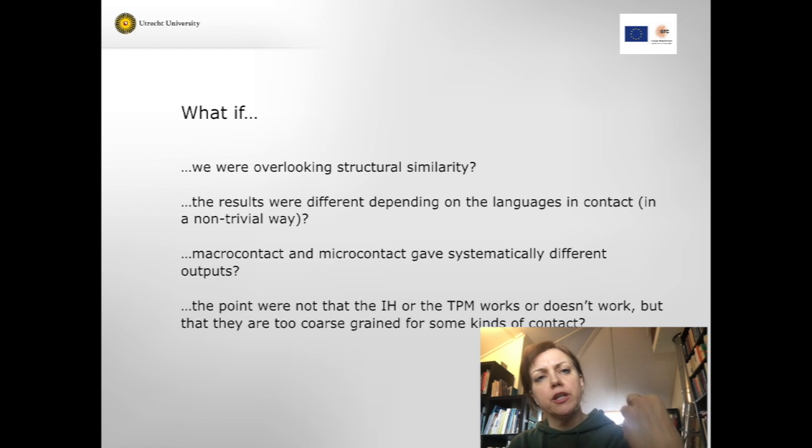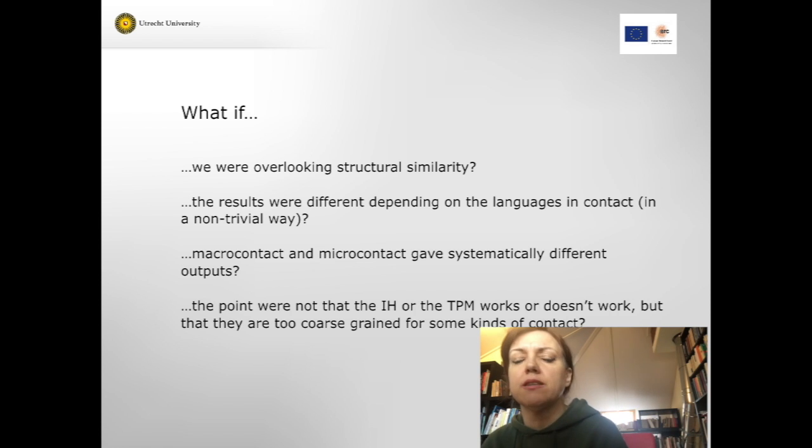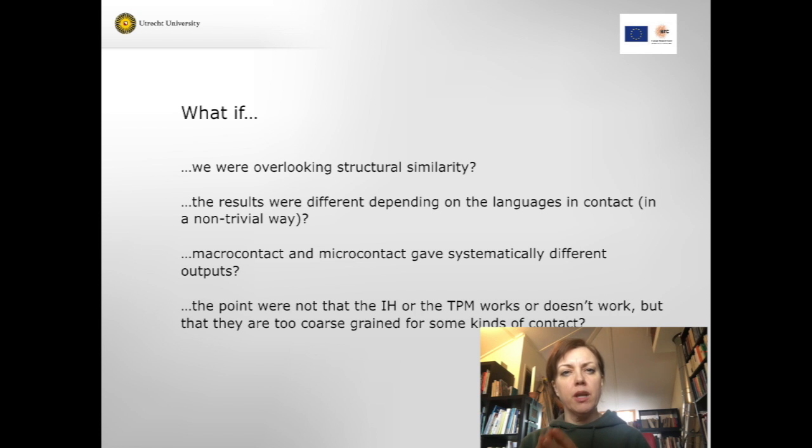But what if we were actually overlooking structural similarity among phenomena? So really just the tiny details among phenomena. What if the results were different depending on the languages involved, in a non-trivial way? If you are talking about basically the same macro grammar, and pardon me for this term, it is just an operational term to mean that we are within languages that have the same macroparametric setting, they are basically the same, and their difference is reduced to lexical items or to some functional heads.